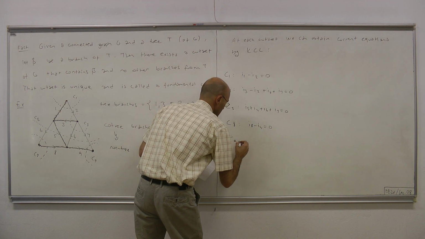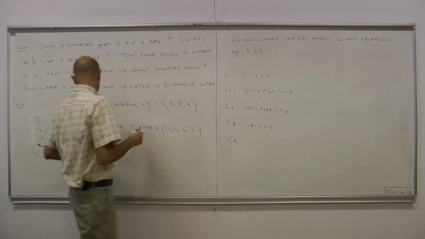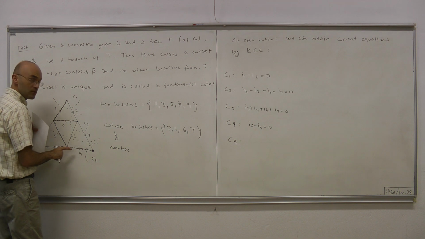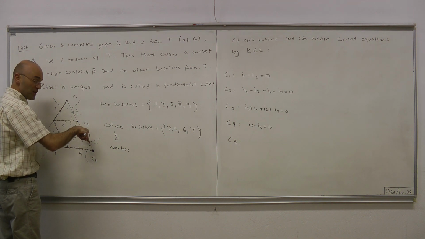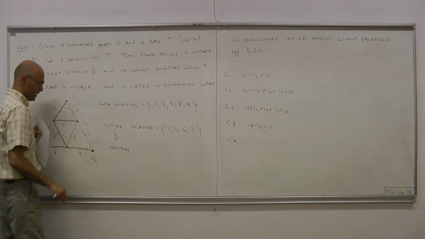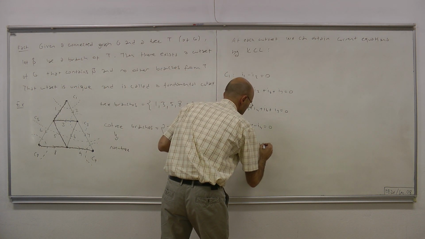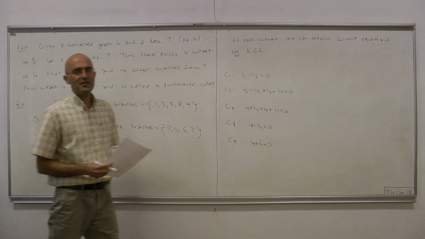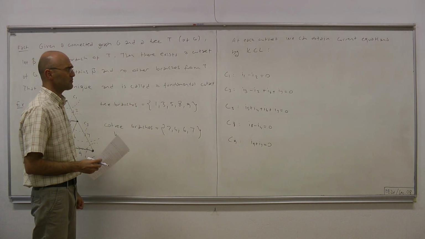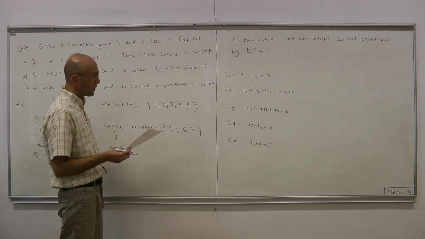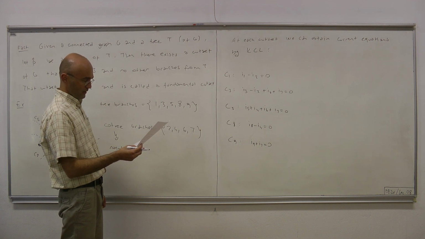And finally, for the last cutset, we have I9. That's our reference direction. Suppose it's incoming. I7 is also incoming. I9 plus I7 equals 0. And that's the set of equations imposed on the circuit by KCL.